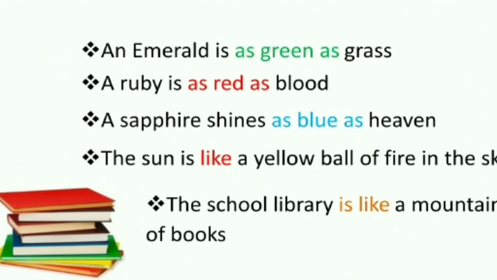An emerald is as green as grass. A ruby is as red as blood. A sapphire shines as blue as heaven. The sun is like a yellow ball of fire in the sky. The school library is like a mountain of books. There are so many other examples which can be related.